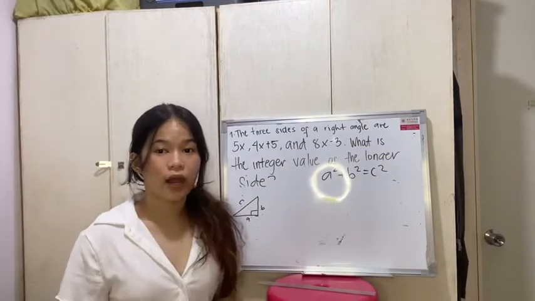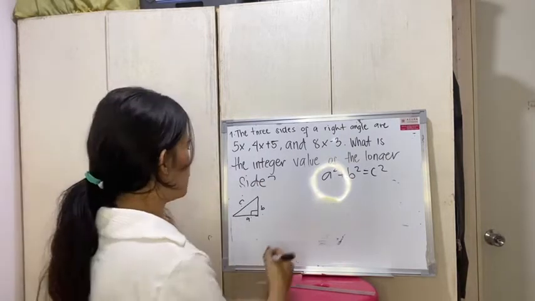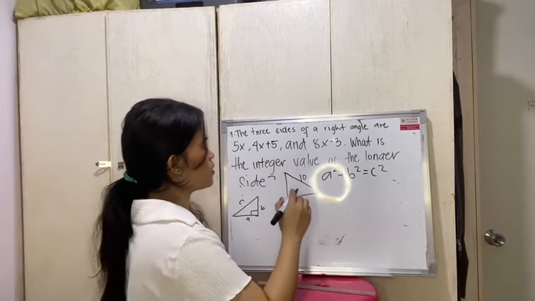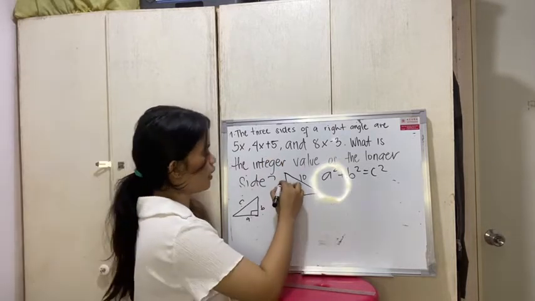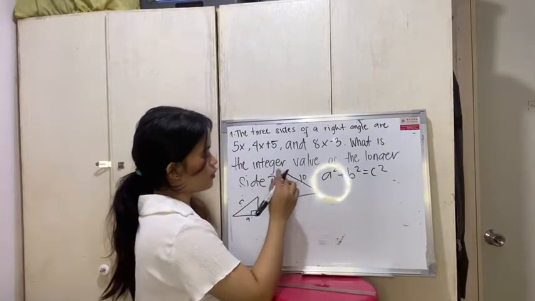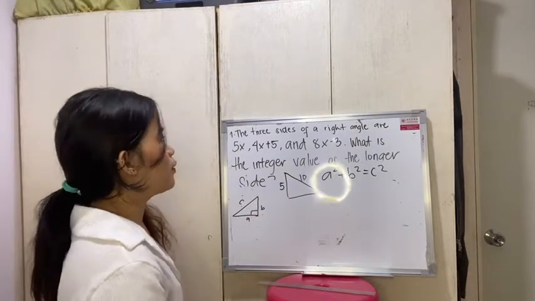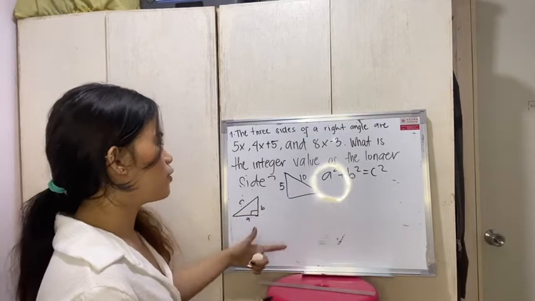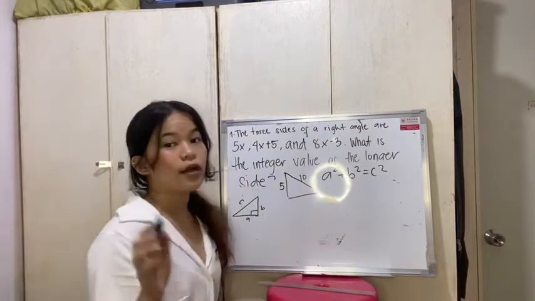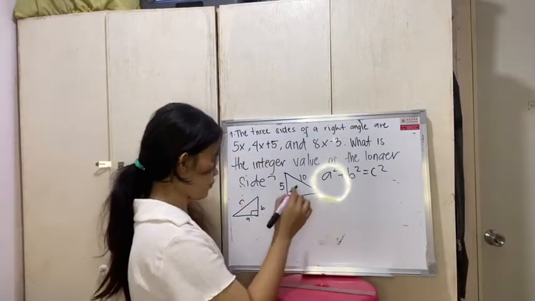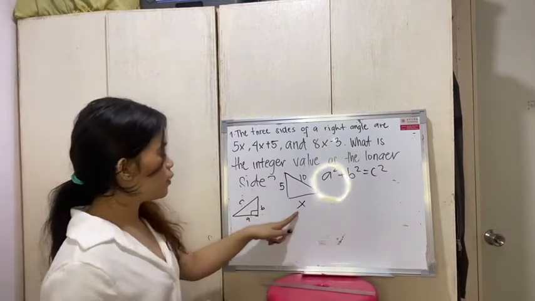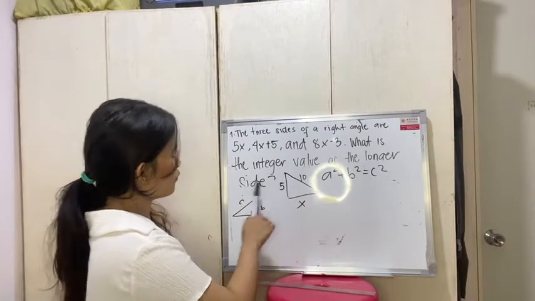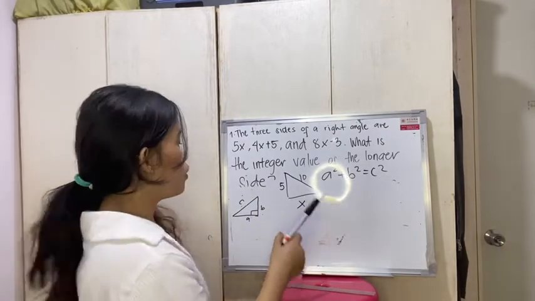Now let's try a harder example. Let's say our hypotenuse is 10 units long, and the other leg of our right triangle is equal to 5, and we are going to find the length of the missing side. In this problem, a is equal to x, b is equal to 5, and c is equal to 10.